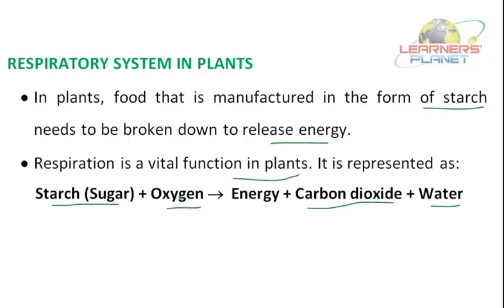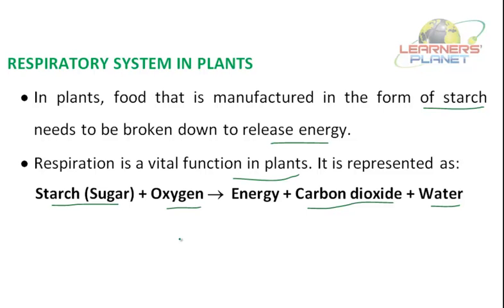So basically, they have openings through which they respire. Plants use carbon dioxide gas in the process of photosynthesis. Photosynthesis means that with the help of sunlight and carbon dioxide they prepare their food.